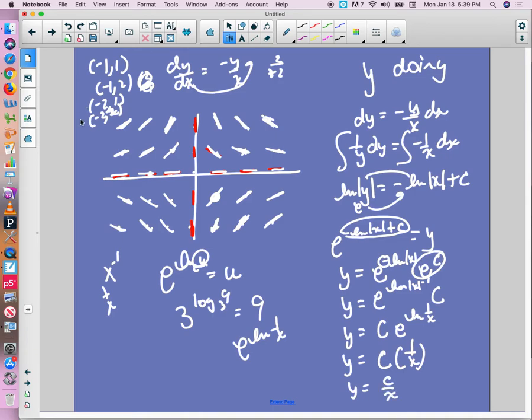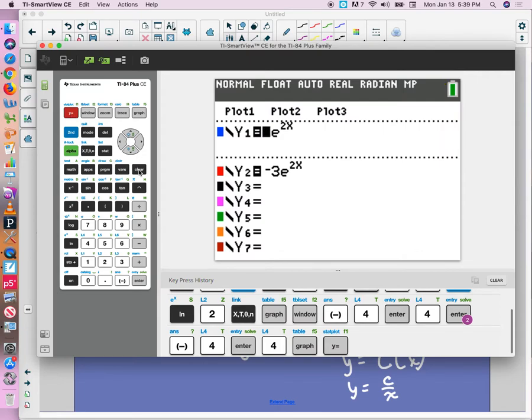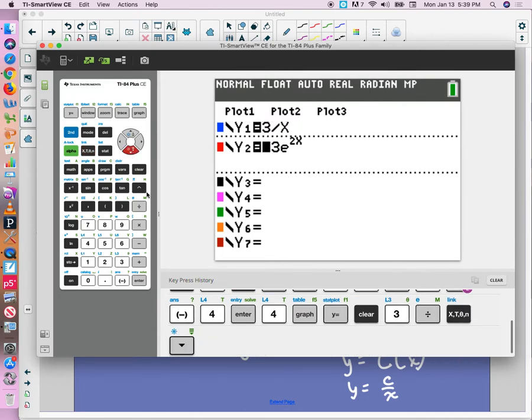So let's look at that on the calculator. And how does this fit in with the slope field? So if I put in anything over x, c over x, if I put 3 over x, or if c happened to be negative and I had negative 3 over x, let's look at this one first.